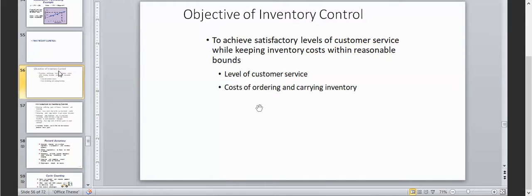Of course, these two objectives look like a simple metric to be achieved by a storekeeper or inventory material planner, but to balance between the level of customer service and the cost of ordering and carrying inventory is very challenging.